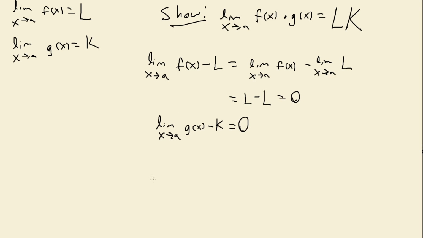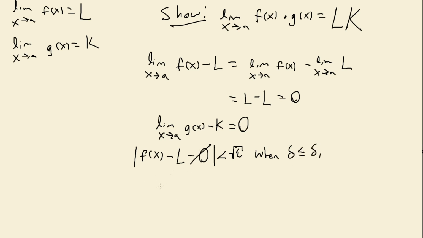And if we know that this limit exists, then there must be some delta value, which we'll call delta 1, where the absolute value of f of x minus L, that's our function minus the limit, which we've proven is 0, is going to be less than the square root of epsilon, when delta is less than or equal to delta 1.